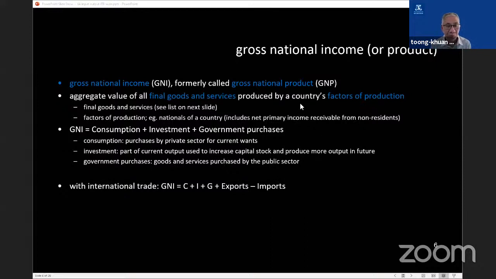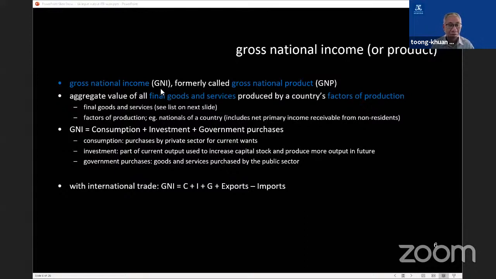So if it is produced by a country's factors of production, for example, an Indonesian company operating in Singapore, say Wijaya Karya, building something in Singapore, the value add would be included in GNI Indonesia, but its value add will also be reported as GDP Singapore.